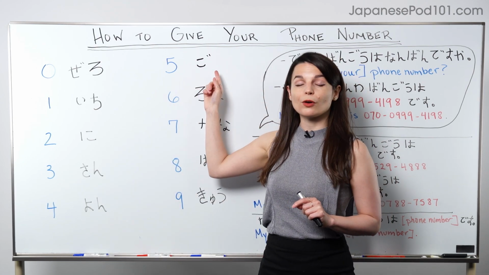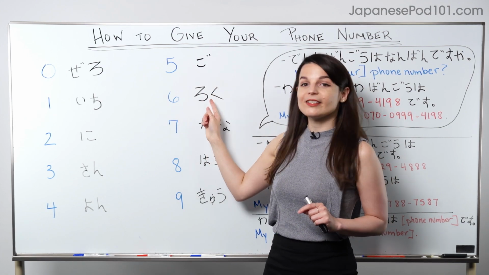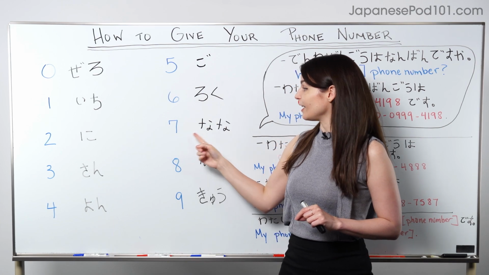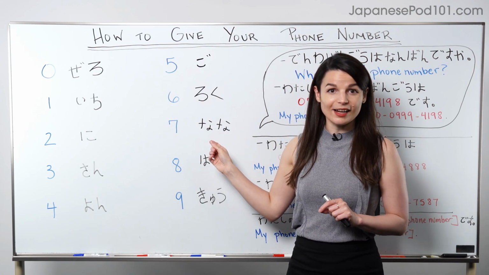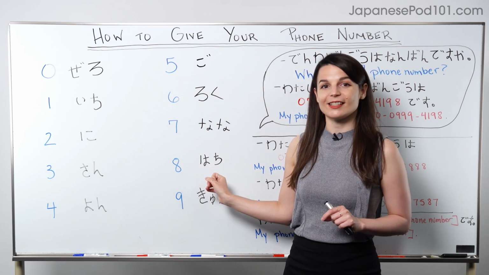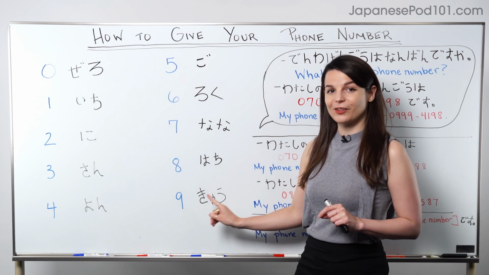Five is go. Six is roku. Seven is nana. Eight is hachi. And nine is kyu.